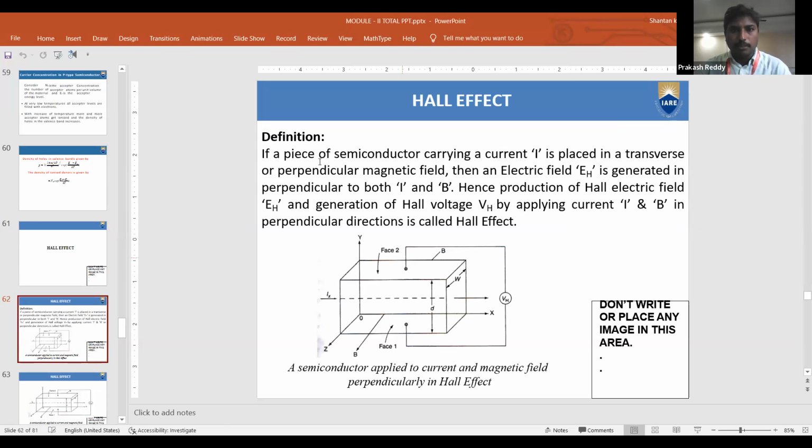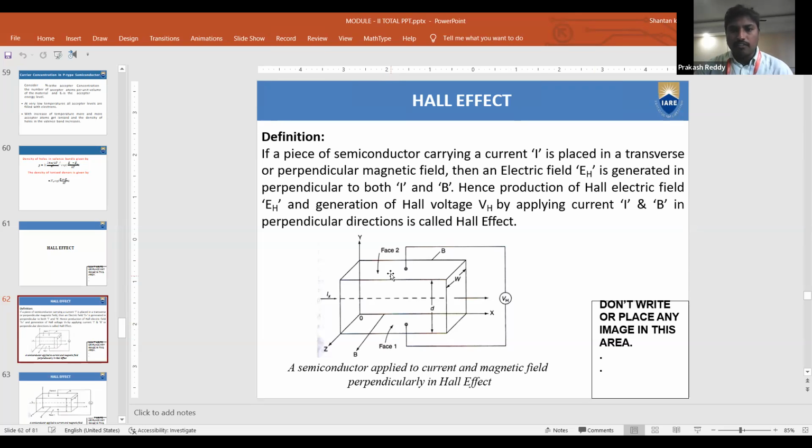If a piece of semiconductor carrying current I is placed transverse or perpendicular to the magnetic field, then an electric field EH is generated perpendicular to both current and magnetic field. Hence, production of Hall electric field EH. Due to that, all the charge carriers are accumulated to one side, so a potential difference is created between the two ends, like phase 1 and phase 2.